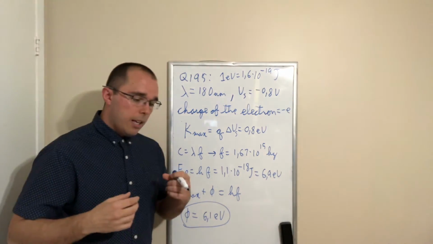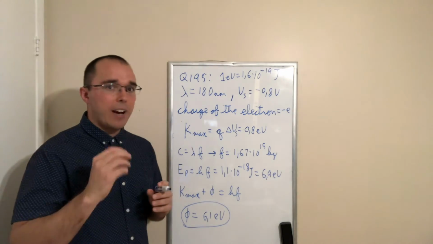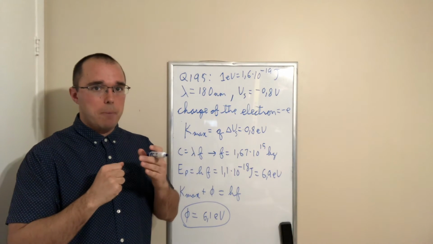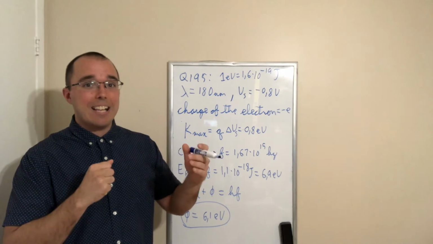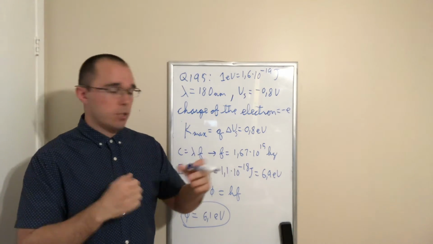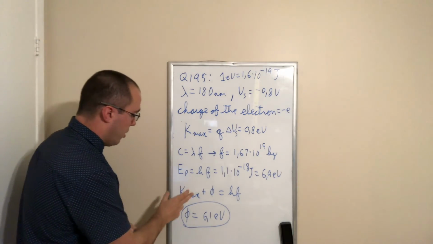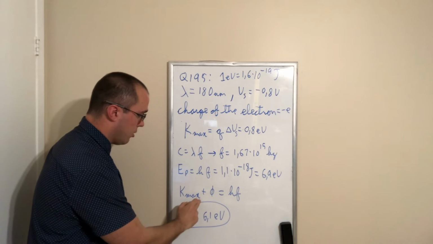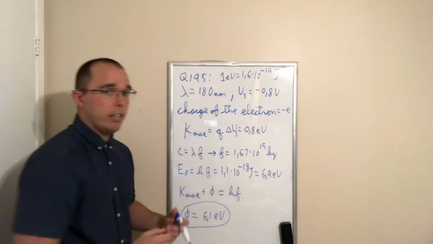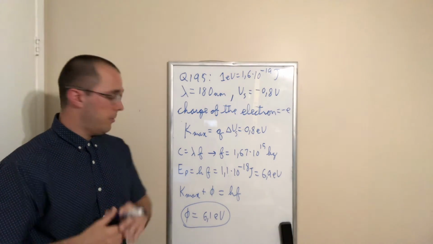Now, we have enough information to find the work function. So the energy that binds the electron to the metal, the energy you have to fight against to let the electron escape to become a photoelectron. So we need to use that formula: the maximum kinetic energy plus the work function has to be equal to the energy of each individual photon.